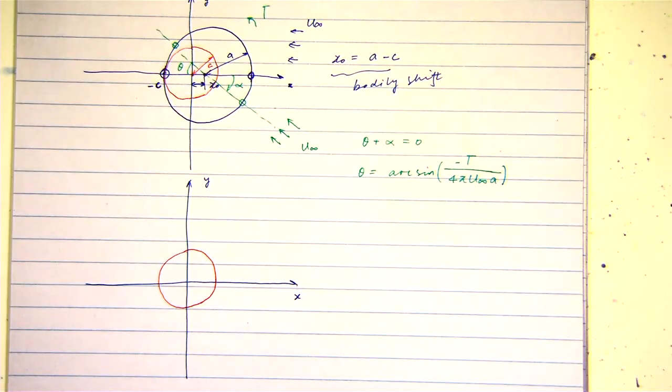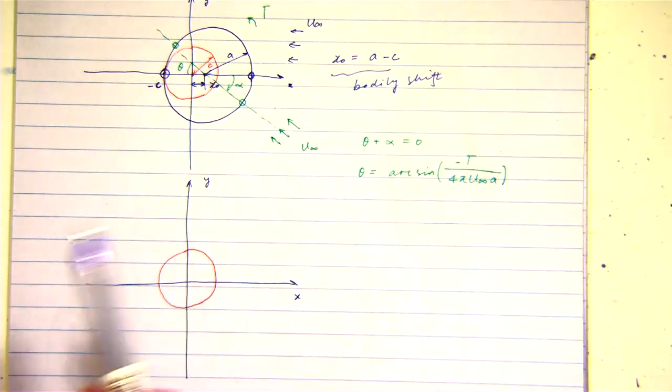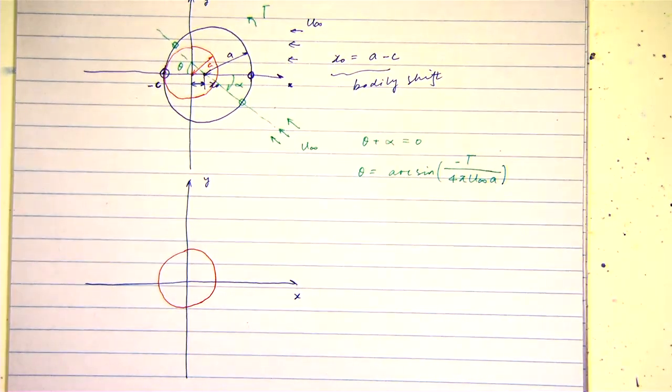So what's the difference between a symmetric airfoil and a cambered airfoil? Yeah, that's correct. So instead of shifting this blue circle along the x-axis, now I can shift it along the y-axis as well.